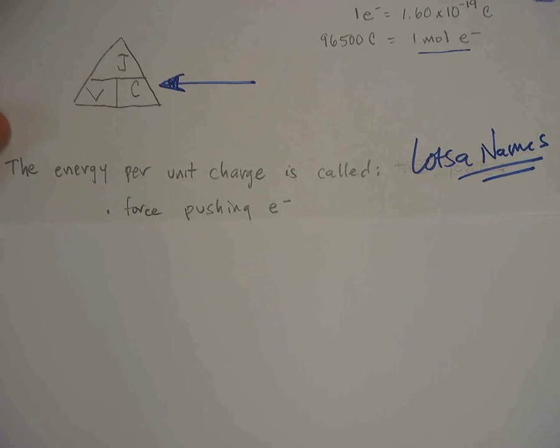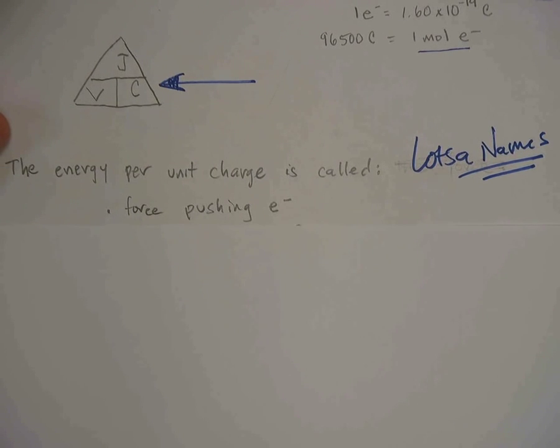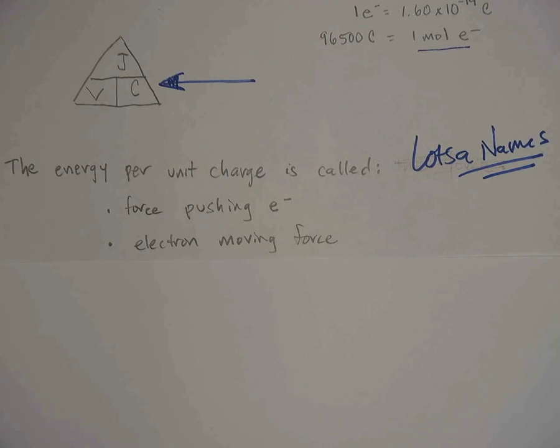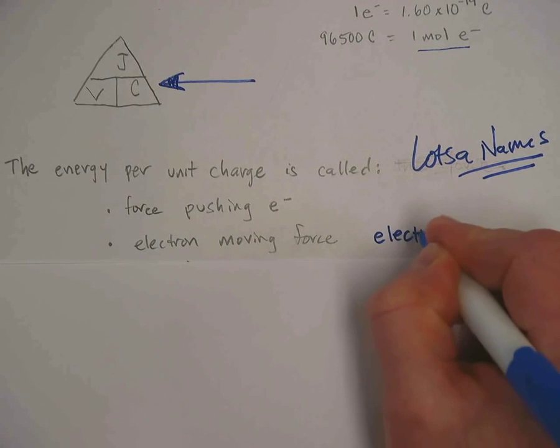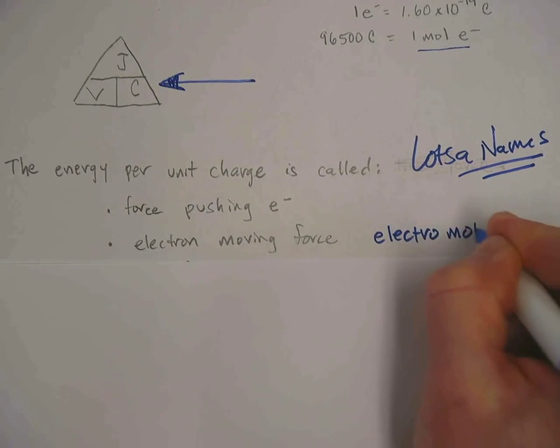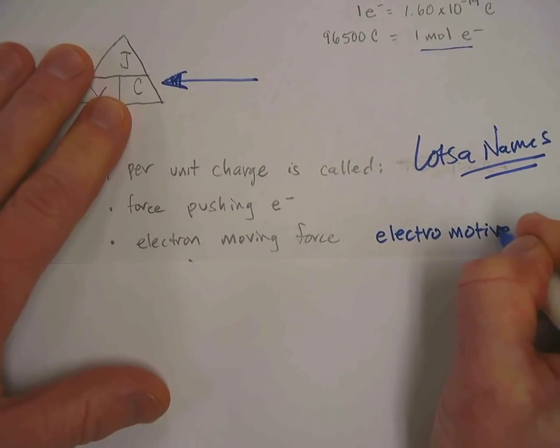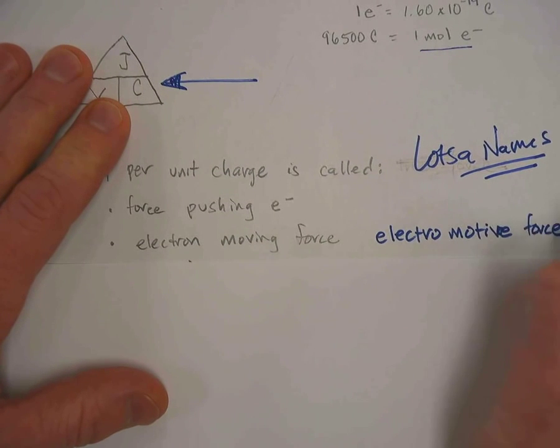This energy per unit charge is called the force pushing electrons. That sounds kind of strange, but that's what it is. It's the thing that's pushing the electrons. Some people call it the electron moving force. Or if you want to get really fancy, they call it the electromotive force.